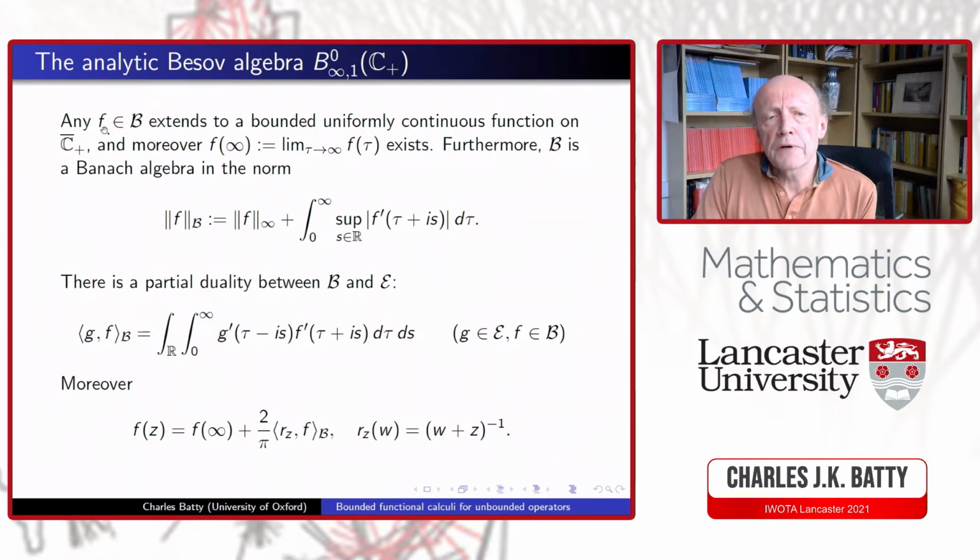So your function is holomorphic by assumption, it's bounded, so it's in H infinity. The boundary function is also a nice bounded uniformly continuous function on R, or actually the imaginary axis. And moreover, there is a limit of f at infinity as you go to the right.